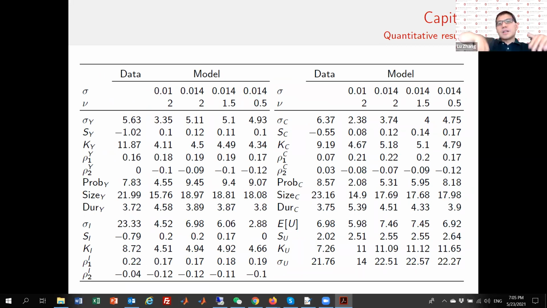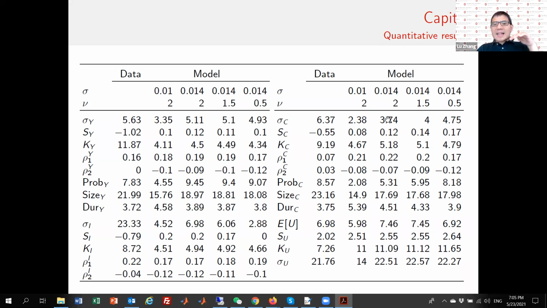There are more frictions in adjusting your capital stock. All right. So as you lower the nu value, there are more adjustment costs. Okay. So as a result, not surprisingly, you can see investment volatility drops from virtually 7% to only 2.9%.